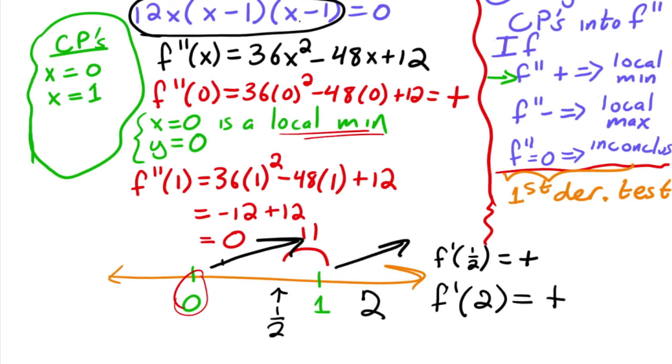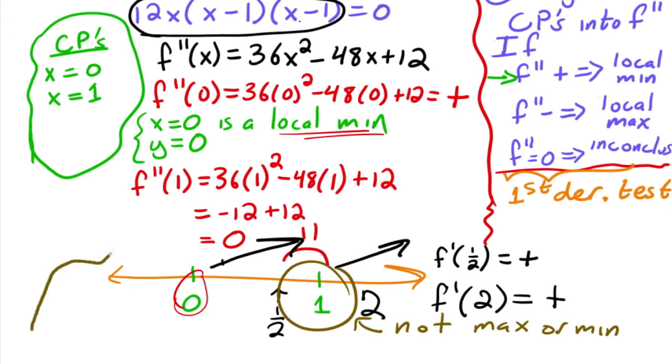So that makes sense that it was inconclusive there, because it's not actually a maximum or a minimum. So it's just a flat spot. Basically, it just means it's going up, flat, and then going up again at 1. So that's it.